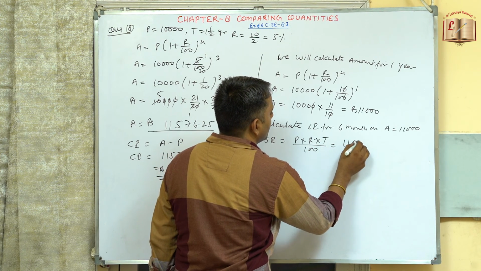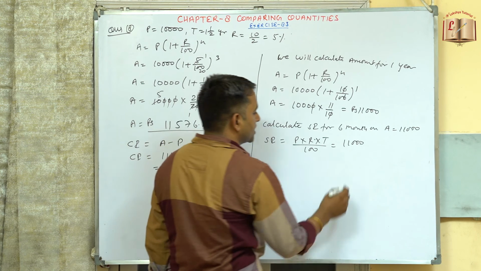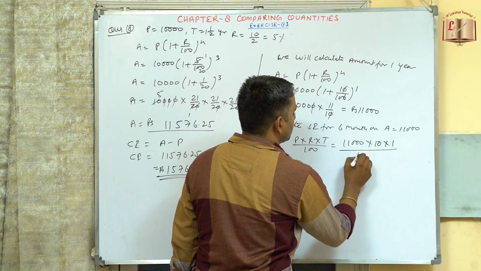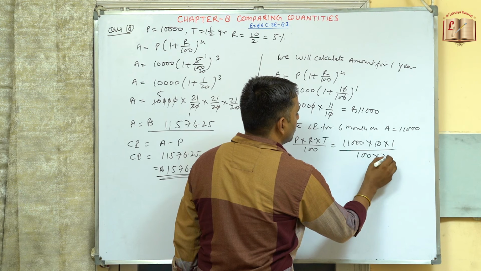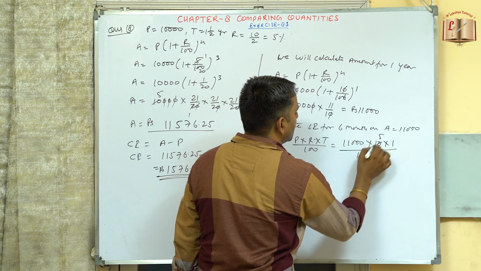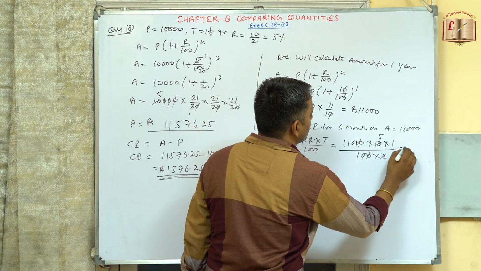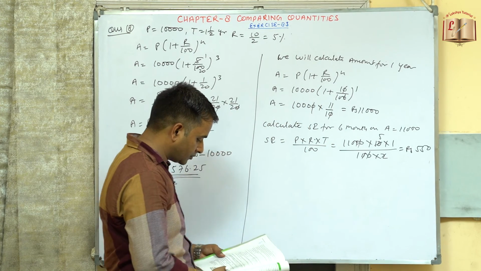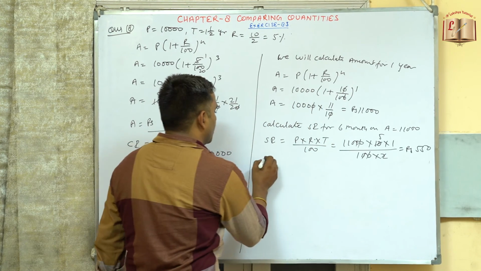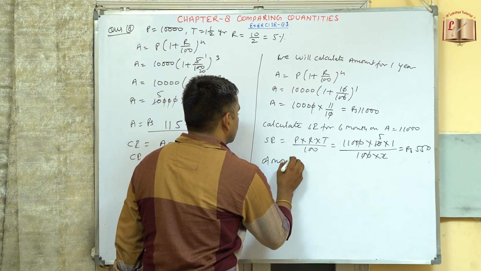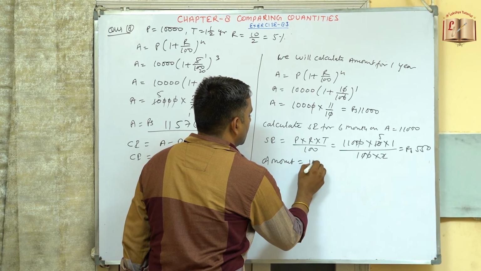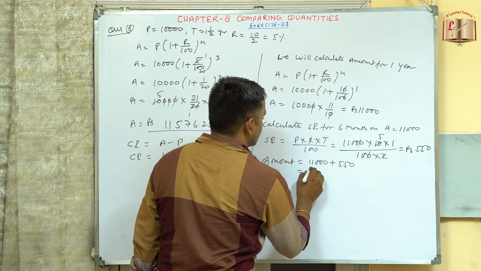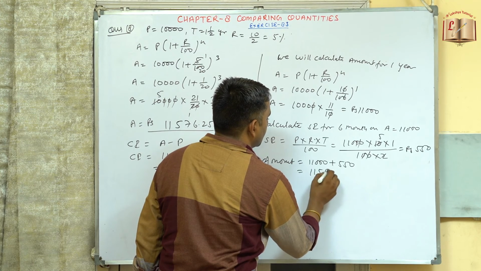P will be the amount we got, 11,000, into R, the same rate, into T, which is 1 by 2, over 100. So 5 times, this cancelled, and this is rupees 550. So the amount will be 11,000 plus 550, which is 11,550 rupees.